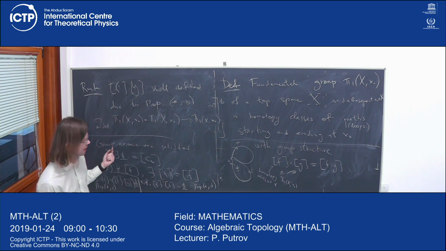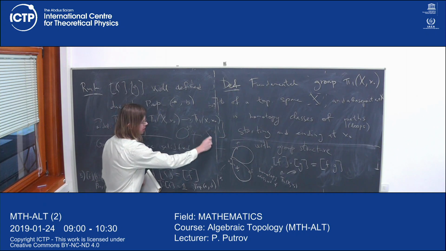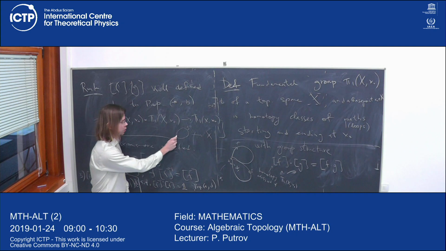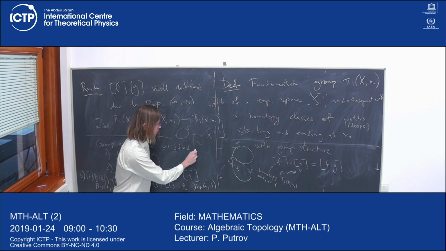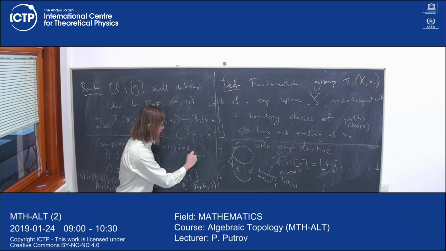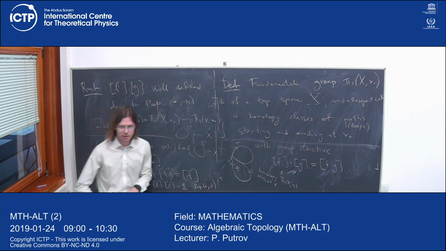This one means that we consider maps from S1 to X. But for higher πn, let me not go into details. You can consider maps of Sn to X up to homotopy.